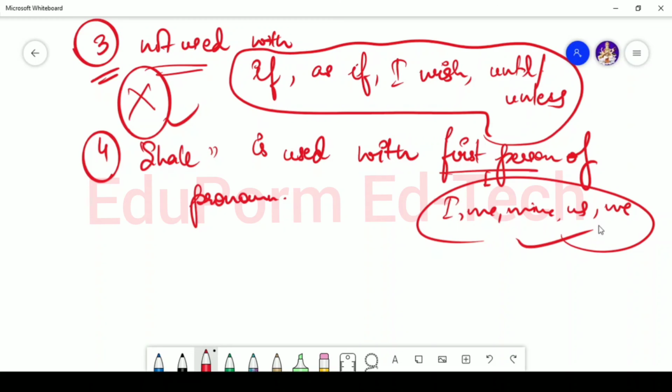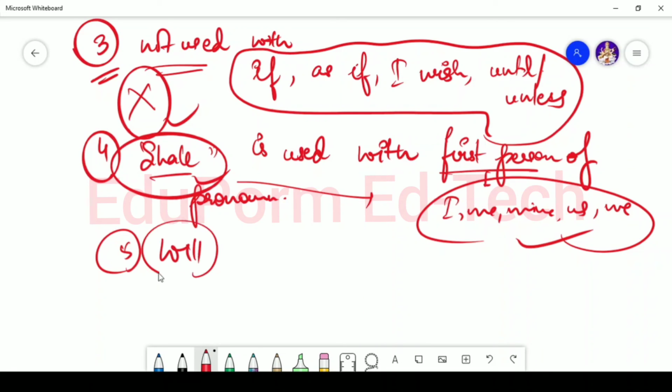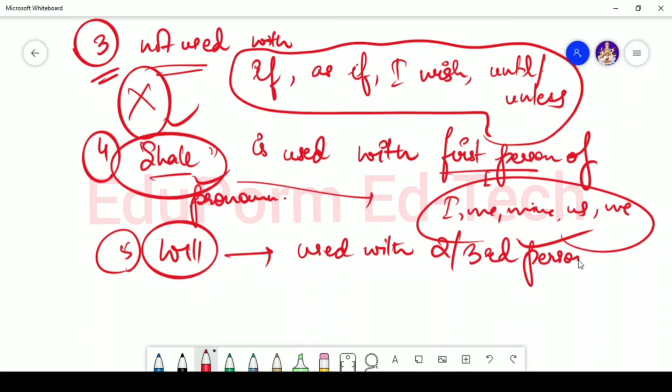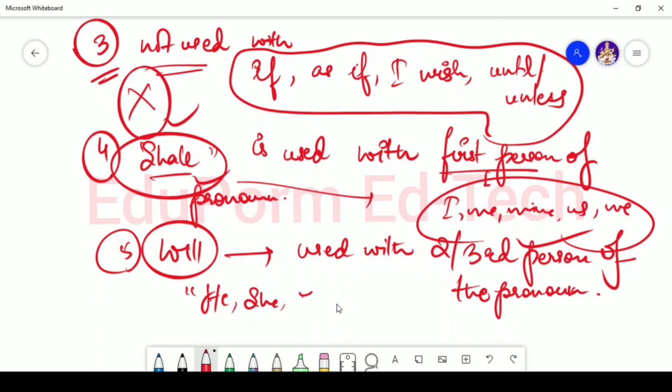So whenever you are using first person, you use shall. Shall is mostly used with the first person of the pronoun, while will is used with the second or third person of the pronoun. Let's say for example, he, she, they.